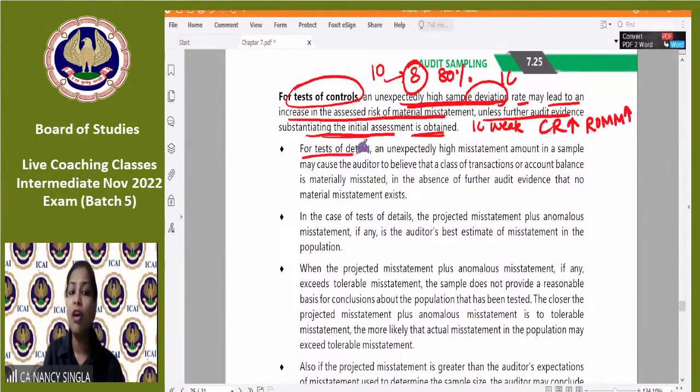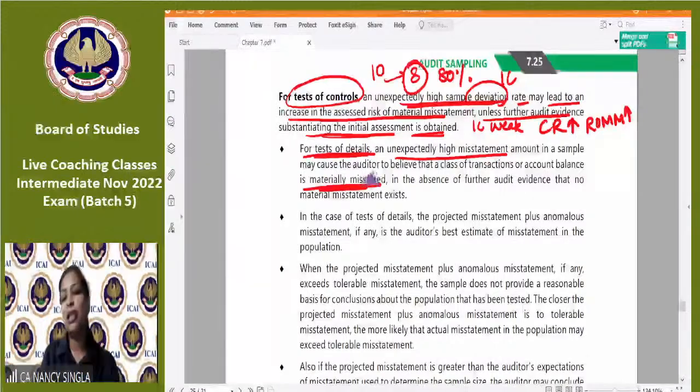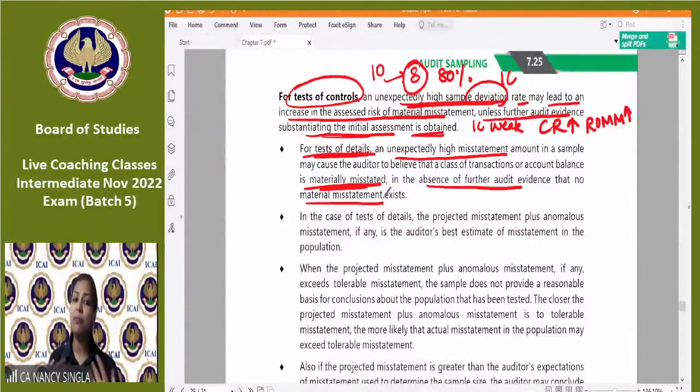Okay, same way for test of details, if unexpectedly high misstatement amount है, so auditor, what will he do? He will say that these are materially misstated in absence of further evidence that no material misstatement exists. अगर कुछ alternate audit evidence मिल जाता है, then it's other thing. Otherwise, auditor will conclude that materially misstated है.